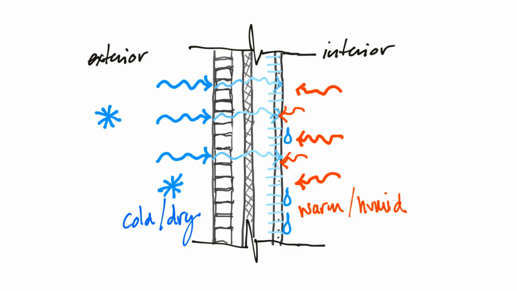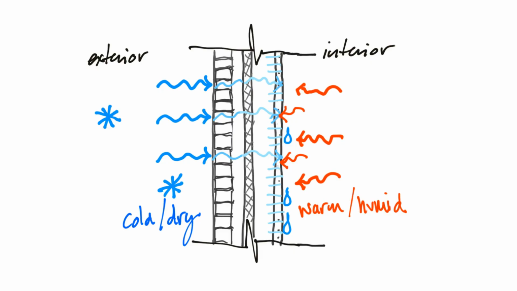What we're talking about here is the phenomenon of warm, humid air from the inside of your building in a cold climate seeking the cold. High energy seeks low energy, heat seeks cold. So in the winter, this hot, humid air is going to be trying to find its way outside.